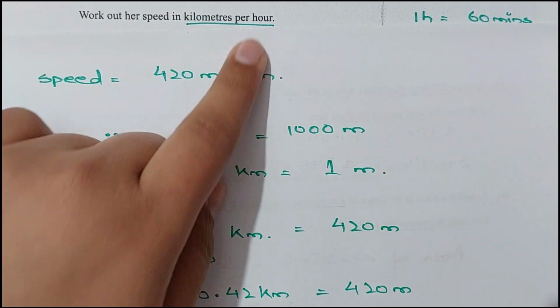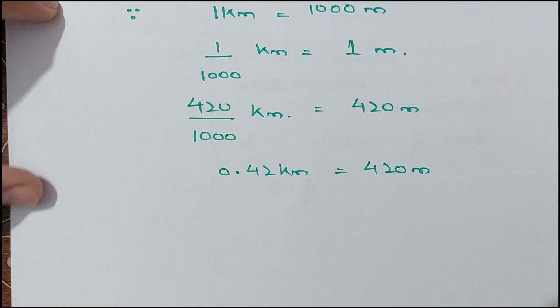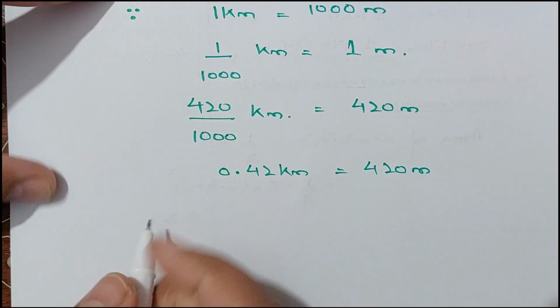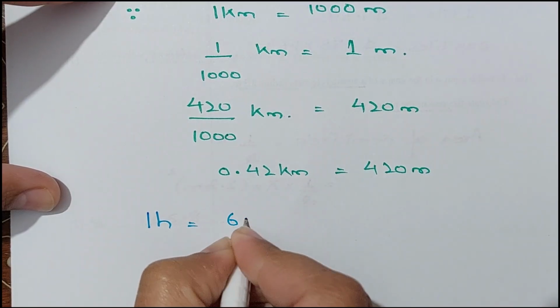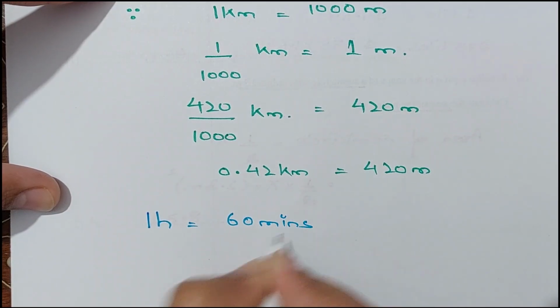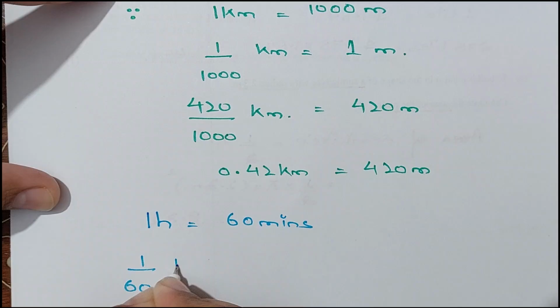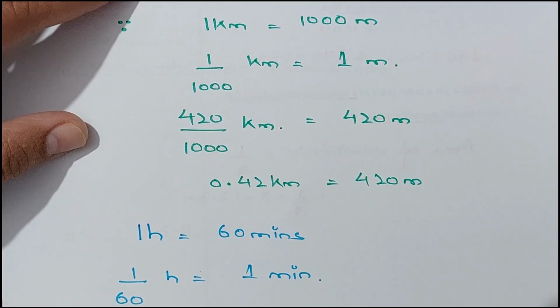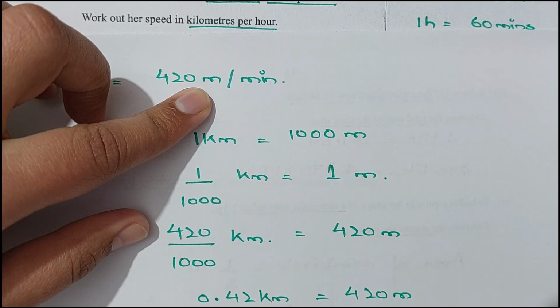Now convert the minutes into hours. As we know, 1 hour equals 60 minutes, and 1 over 60 hour equals 1 minute, right? So this is per minute.